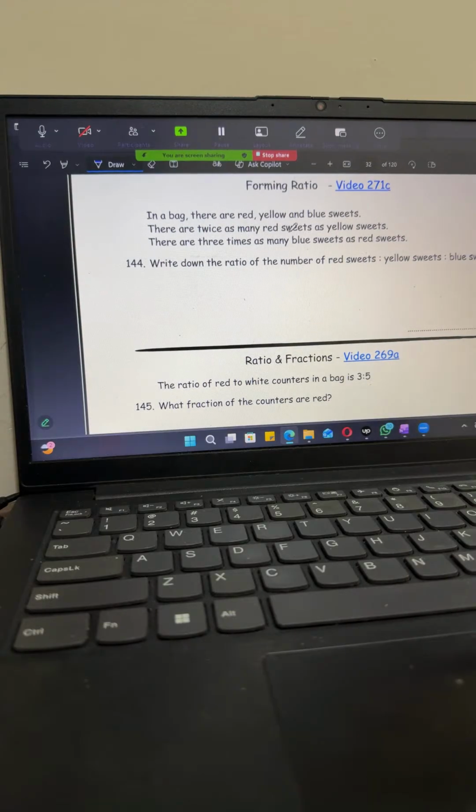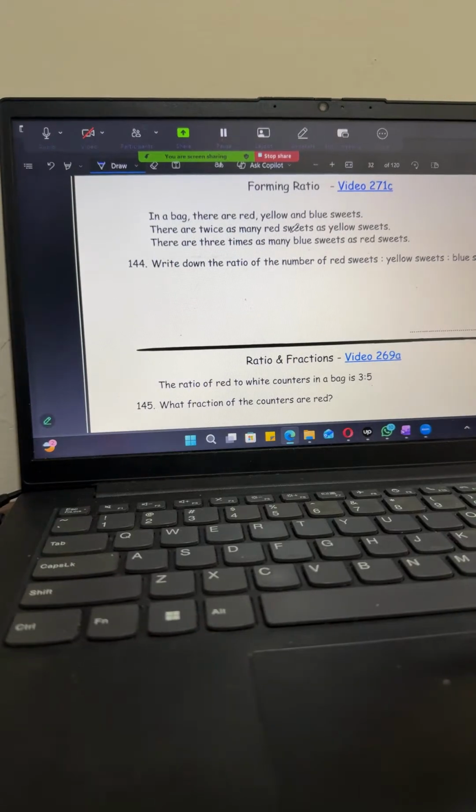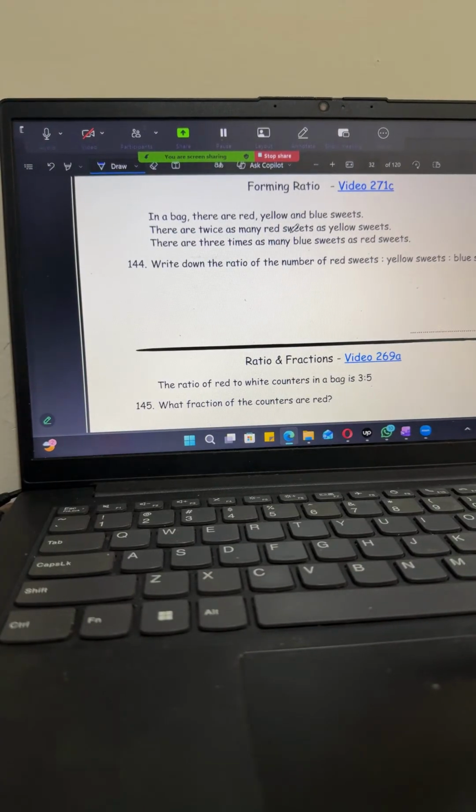Okay, can you do this one? In a bag there are red, yellow and blue sweets. There are twice as many red sweets as yellow sweets. There are 3 times as many blue sweets as red sweets. Write down the ratio of the number of red sweets to yellow sweets to blue sweets. Okay, give it a try.